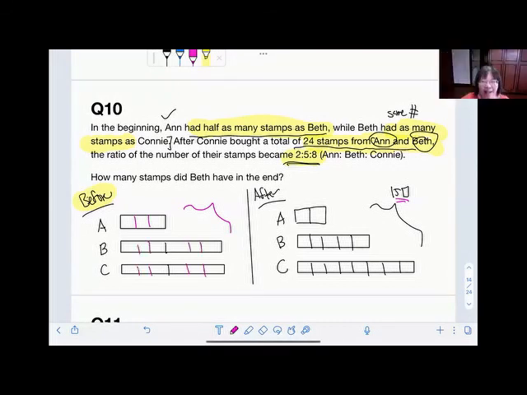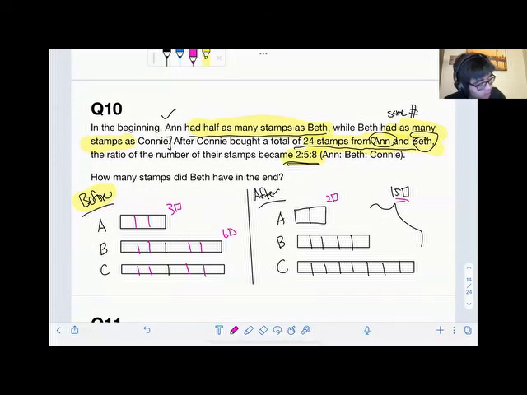Yan na, kuha na. Okay? So ngayon, we can just verify na tama yung nangyari. Yung kay Ann, dati ay 3 boxes, ngayon ay 2 boxes. Si Beth, dati ay 6 boxes, ngayon ay 5 boxes.